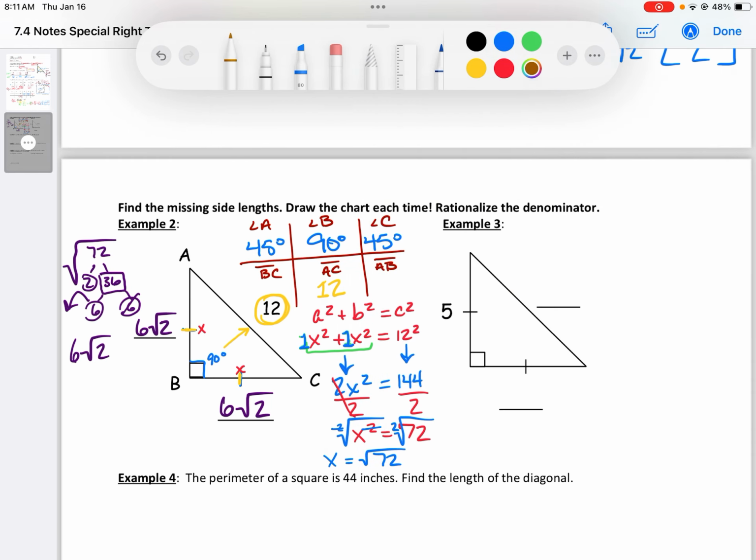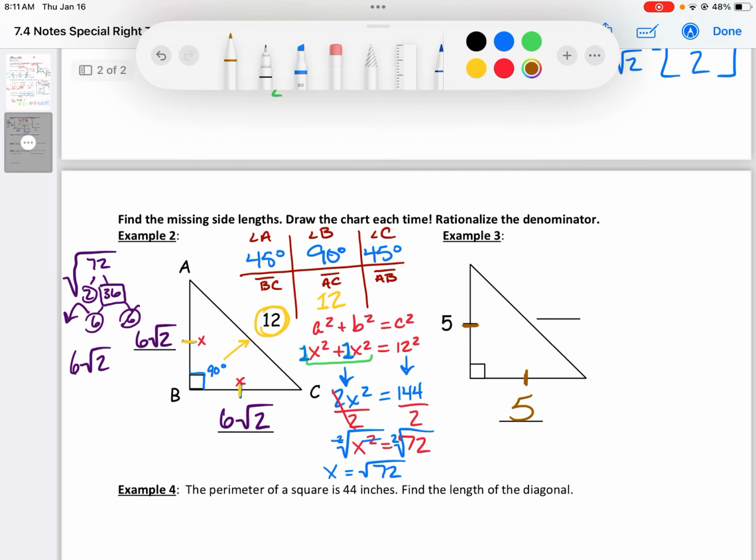On our next example, they do give us one side, and we have this marking indicating that the other side is congruent. So we know that this one's also 5. We can just label our angles A, B, C. It doesn't really make a difference what's what.